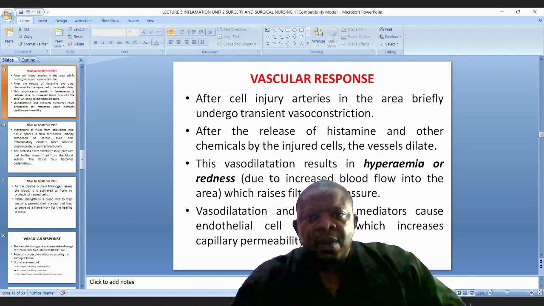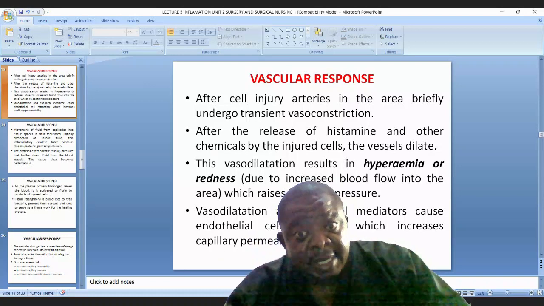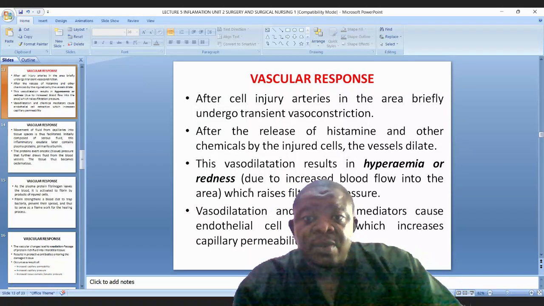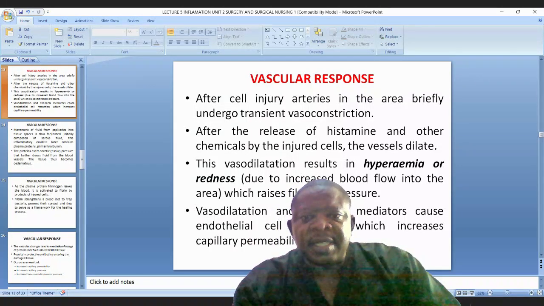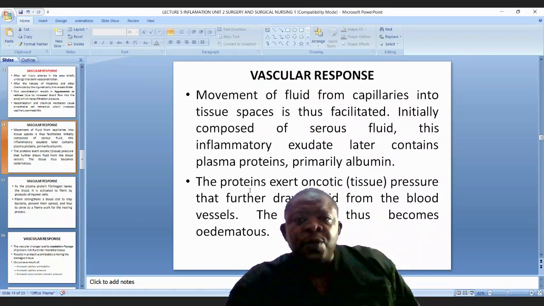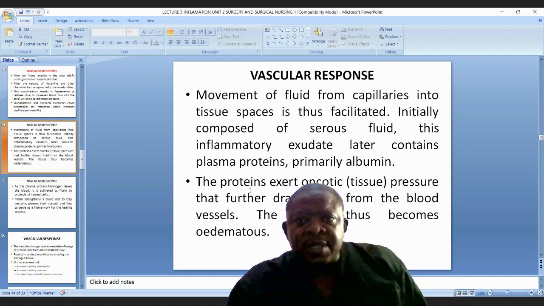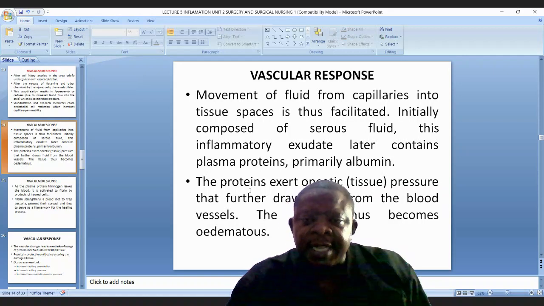Okay, then vasodilatation and chemical mediators will cause endothelial cell retraction, which increases capillary permeability. Movement of fluid from capillaries into tissue space is thus facilitated, initially composed of serous fluid. This inflammatory exudate later contains plasma proteins, primarily albumin.